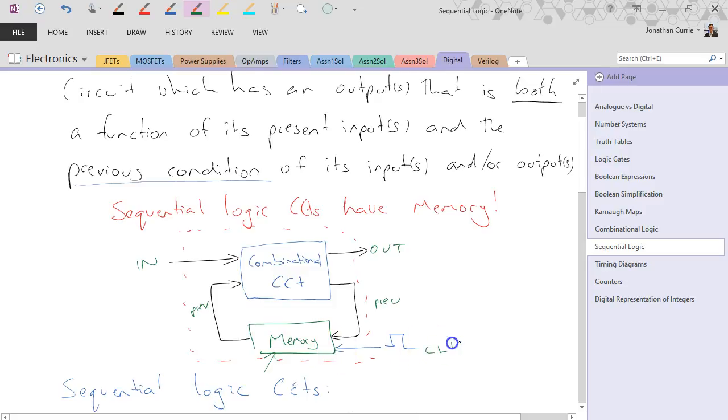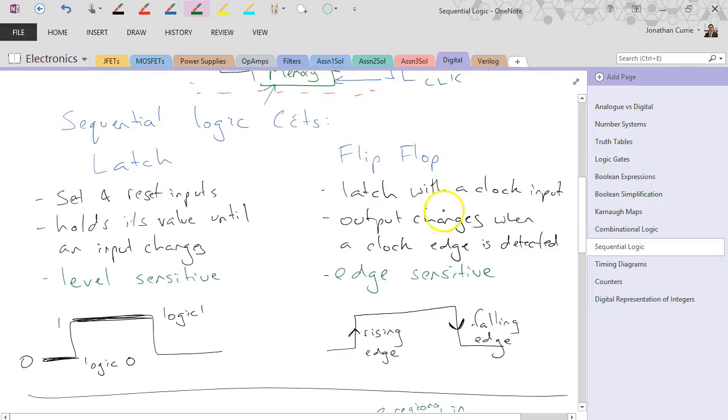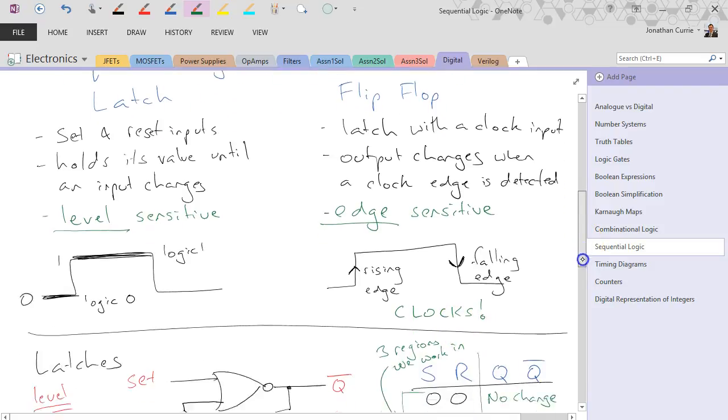And you may have a clock as well, depending on whether it's a flip-flop or a latch. I've divided up the two where they're basically the same, except a latch has level sensitive inputs and a flip-flop has edge sensitive. Right, and flip-flops normally have clocks, whereas latches normally don't. It's not exclusive, but that's a normal way that they're used.